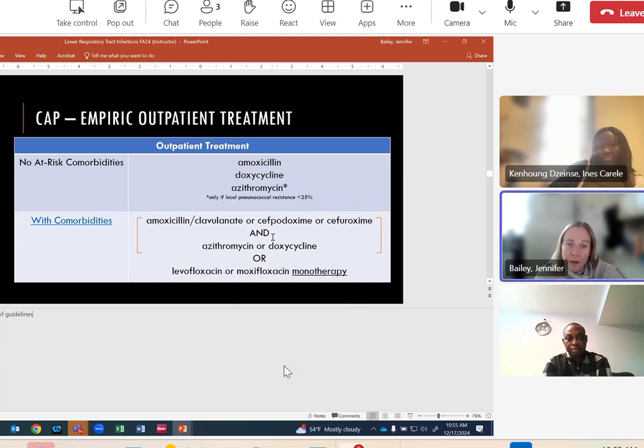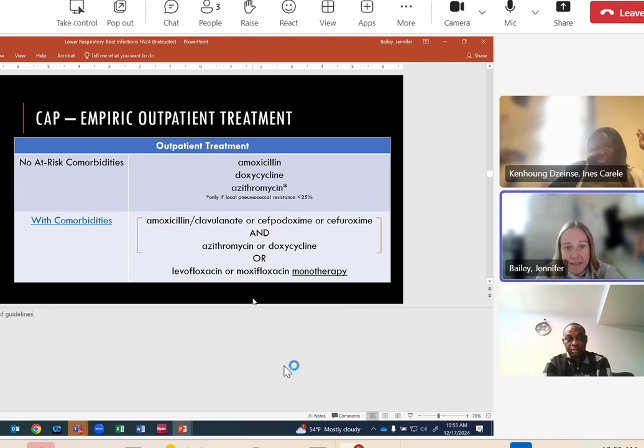The other treatment option that can be considered is to use a respiratory fluoroquinolone by itself. Remember that the two respiratory fluoroquinolones are levofloxacin and moxifloxacin. So you can give one drug, levofloxacin or moxifloxacin, by itself.